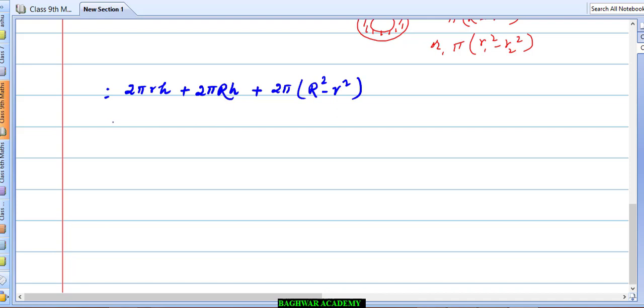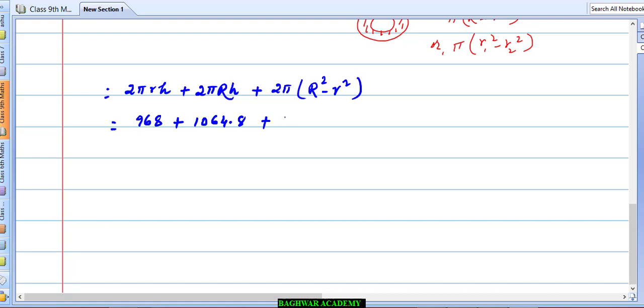Already you have found 2 pi r h, that is 968, plus the other you have found out, that is 1064.8, and plus this we need to simplify.